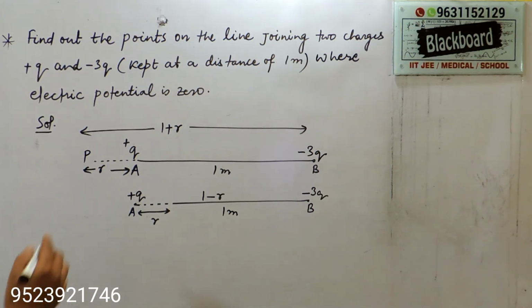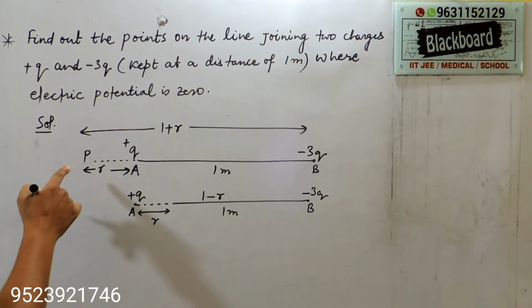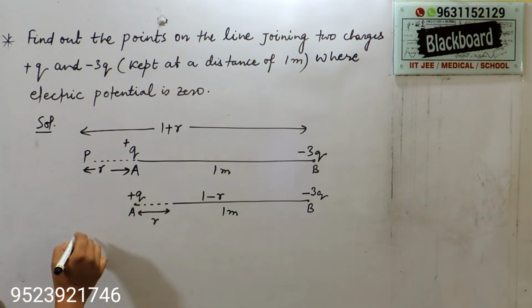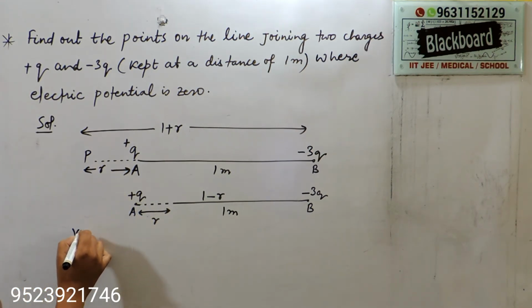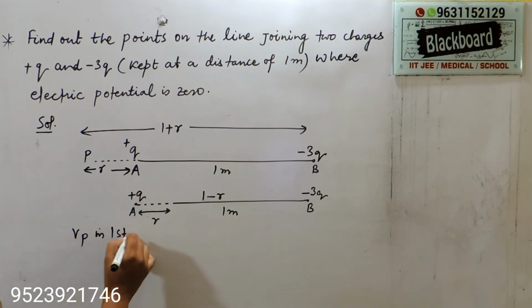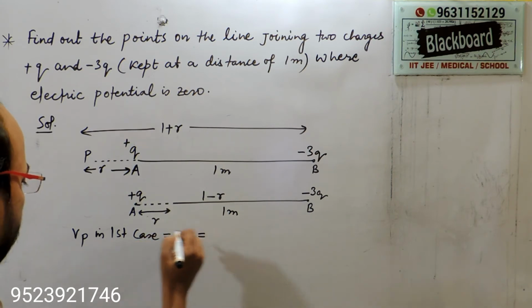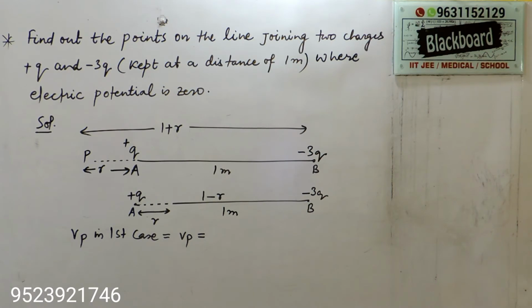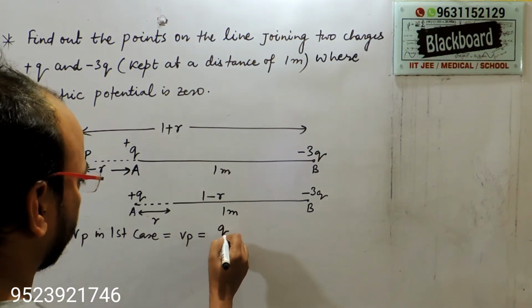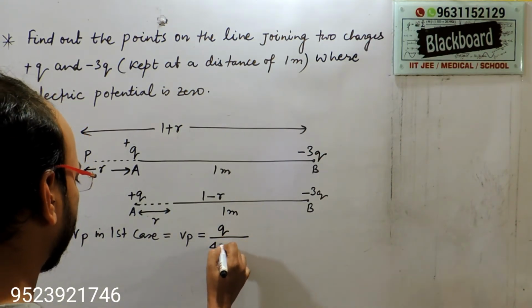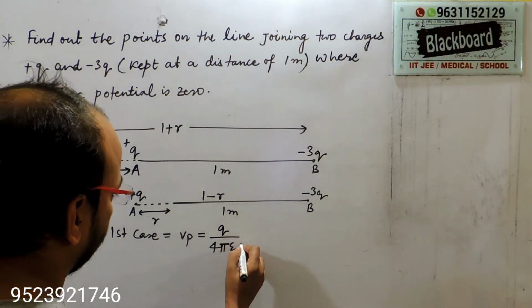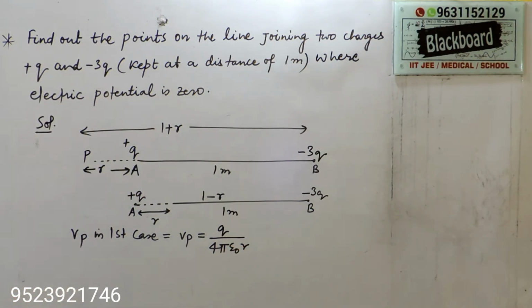Now the potential at P in the first case, Vp, is equal to q by 4 pi epsilon naught into 1 by r. This is the potential due to the positive charge.